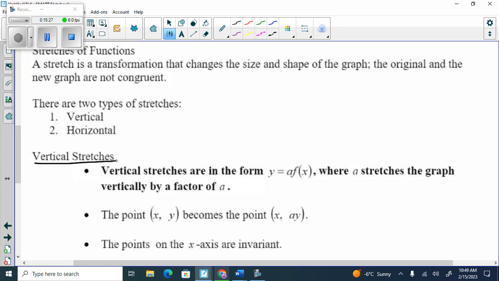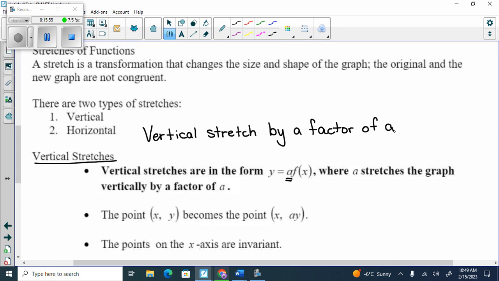So vertical stretches are in the form y equals a f of x, and a stretches the graph vertically by a factor of a. So here we have this a in front. Well, the way that you have to write it out is you have to say it's a vertical stretch by a factor of a, or 2 or 3 or whatever the number is.